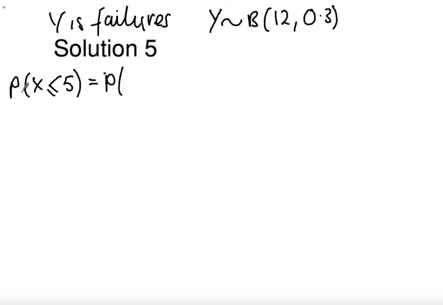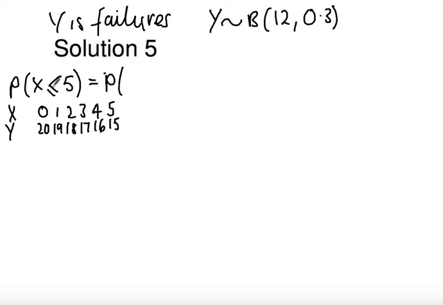I'll just write this out and show you in a second: x at the top, and y underneath. If we have x is 0 successes, 1 success, 2, 3, 4, and 5 successes, then the number of failures must be 12, 11, 10, 9, 8, and 7.